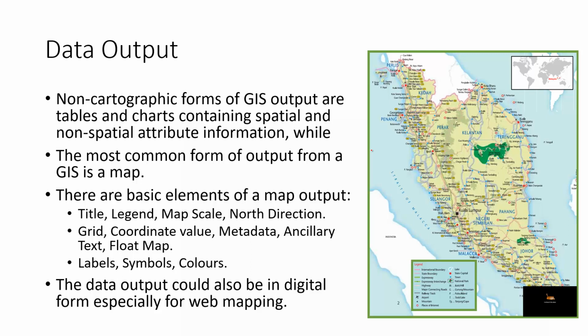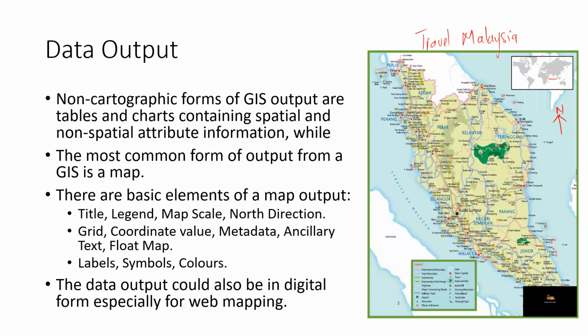Okay, the title of the map. Here, the title of the map is actually Travel Malaysia. Okay, the north direction should be in that direction. The map scale here, usually it will be at the bottom.